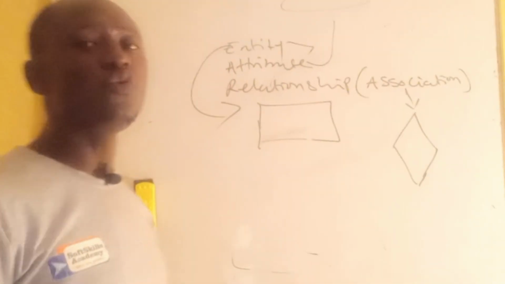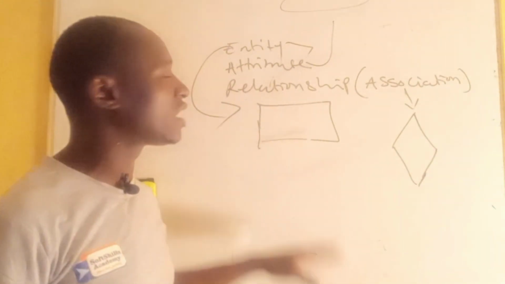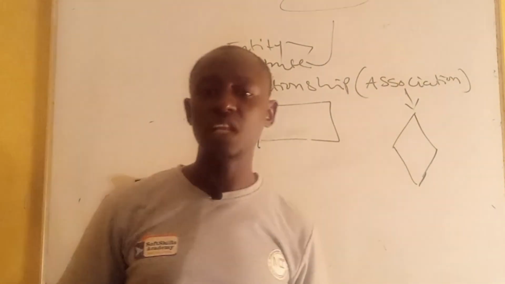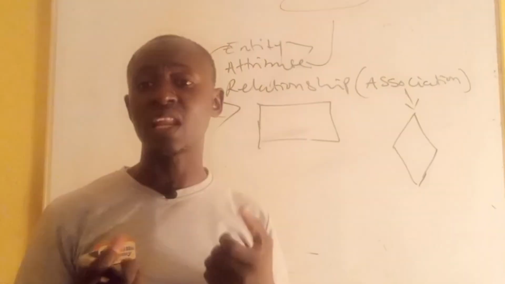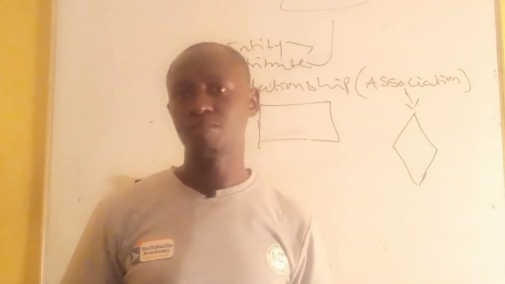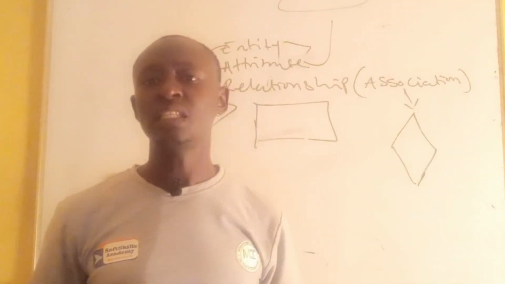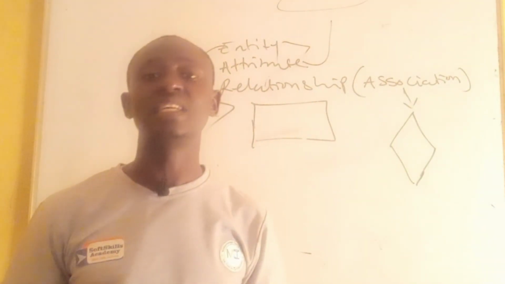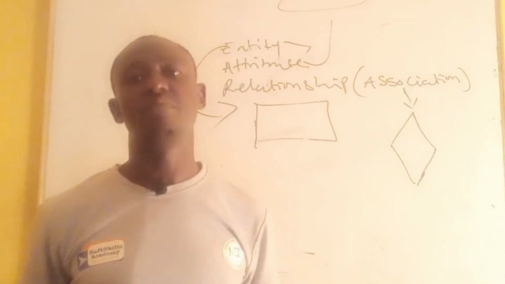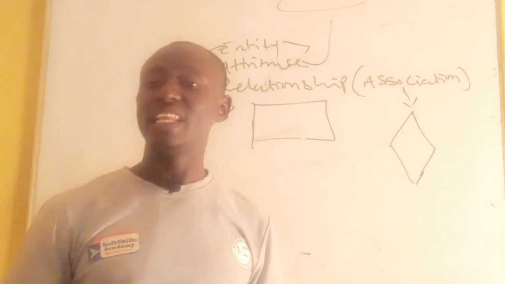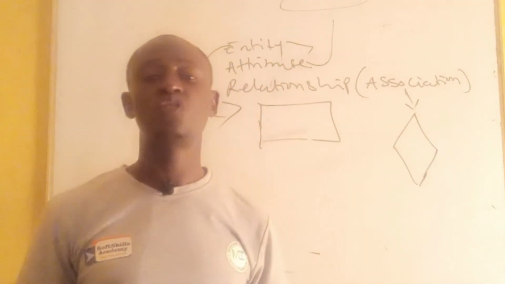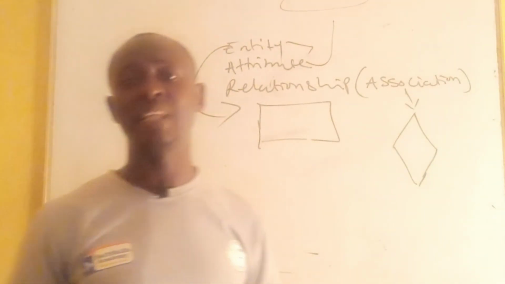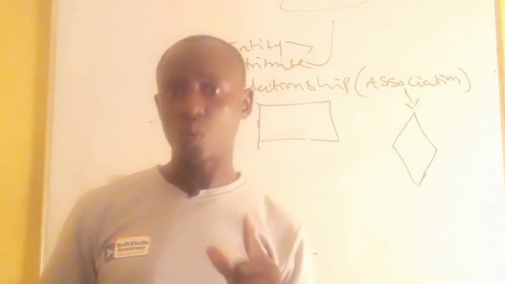So why do we prefer to use the entity relationship model? We prefer it because it helps us to conceptualize the database we have in mind, so that we know which fields are to be embedded for a particular entity and which are not.